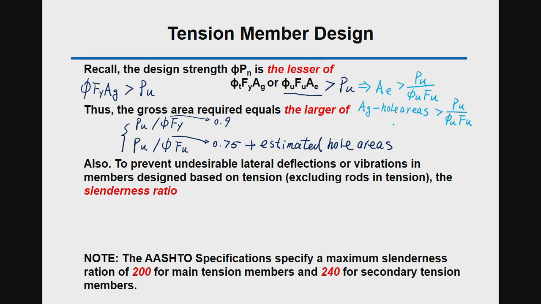So that's how we come across this expression. Of course we have to account for U, right? So Ae equals U times An.